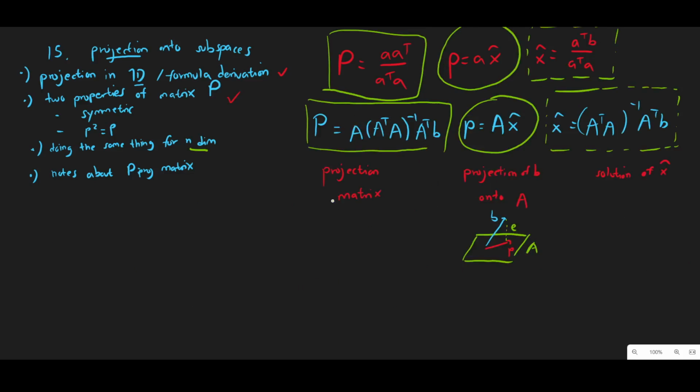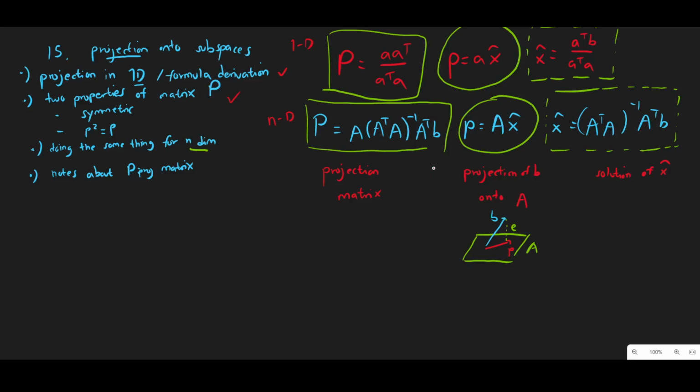So here I summarize all three important equations that I will introduce in these lectures. First is the projection matrix, what you got in the one-dimensional case, and this is the n-dimensional formula, and you get the projection of b onto the subspace of A. This is a little illustration just to remind you of what's going on geometrically, and this is the solution for x hat.